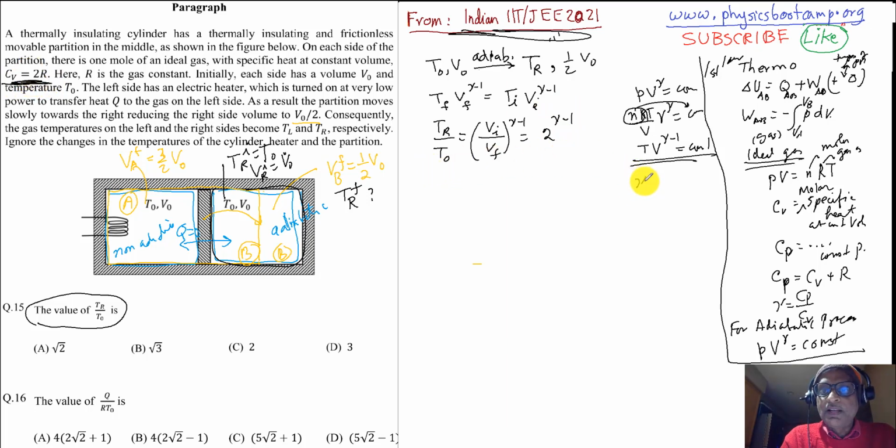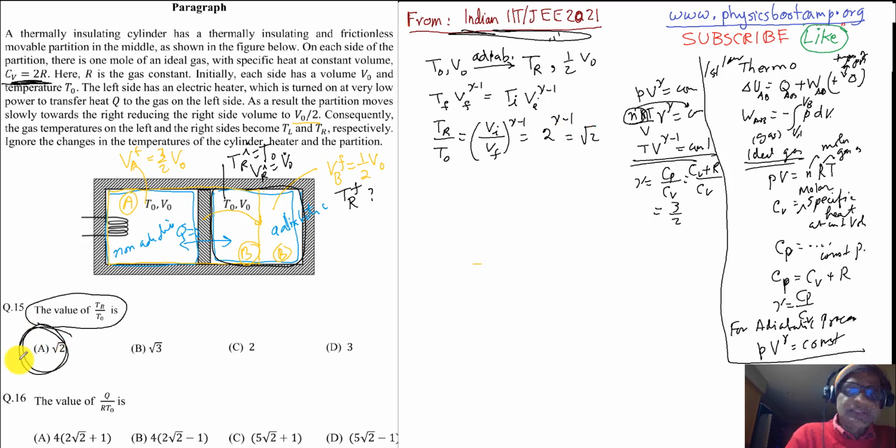So gamma is CP over CV, and CP is CV plus R over CV. So it's like 3 over 2. So this is going to be square root of 2. And sure enough, we see that's the answer. So answer is A. So this is for question 15.